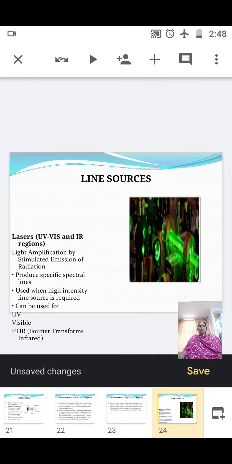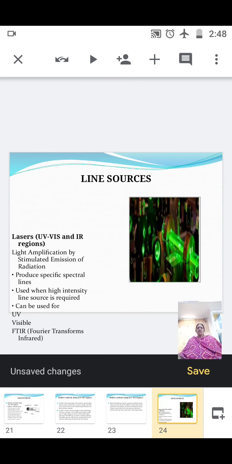Laser produces specific spectral lines. It is used when a high intensity line source is required.